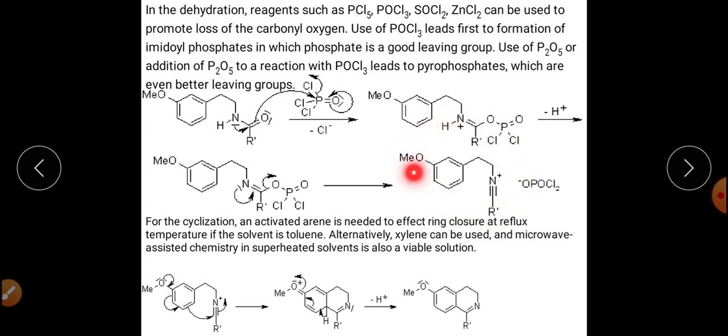Now it will be followed by the cyclization reaction, and cyclization takes place at the para position with respect to this particular group, where the OMe group is attached. So this is basically an activated ring.